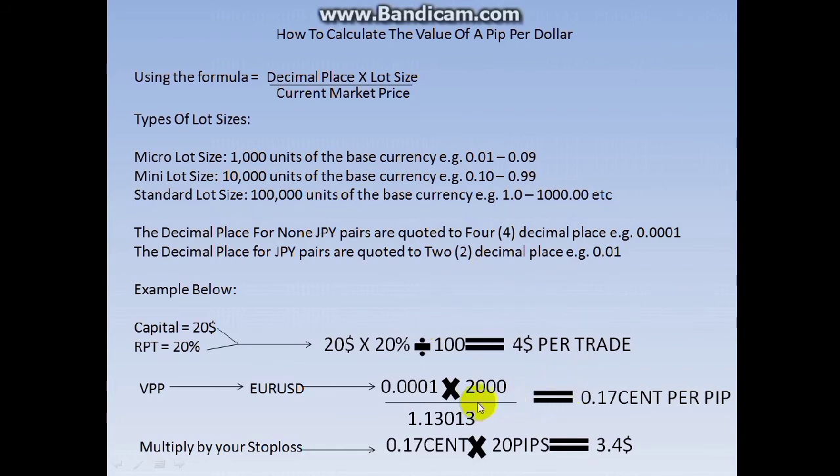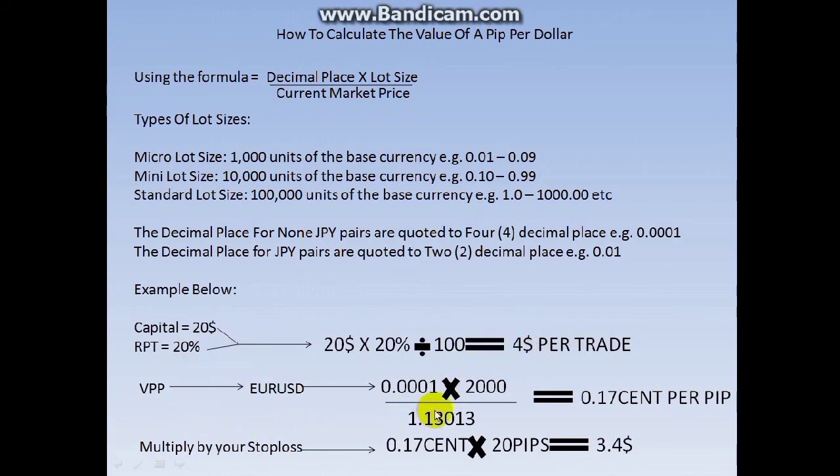So the value per pip, the VPP on the Euro USD, for someone having a $20 account, and you are risking $4 per trade. In other words, the maximum amount of money you are willing to lose from your capital is $4.